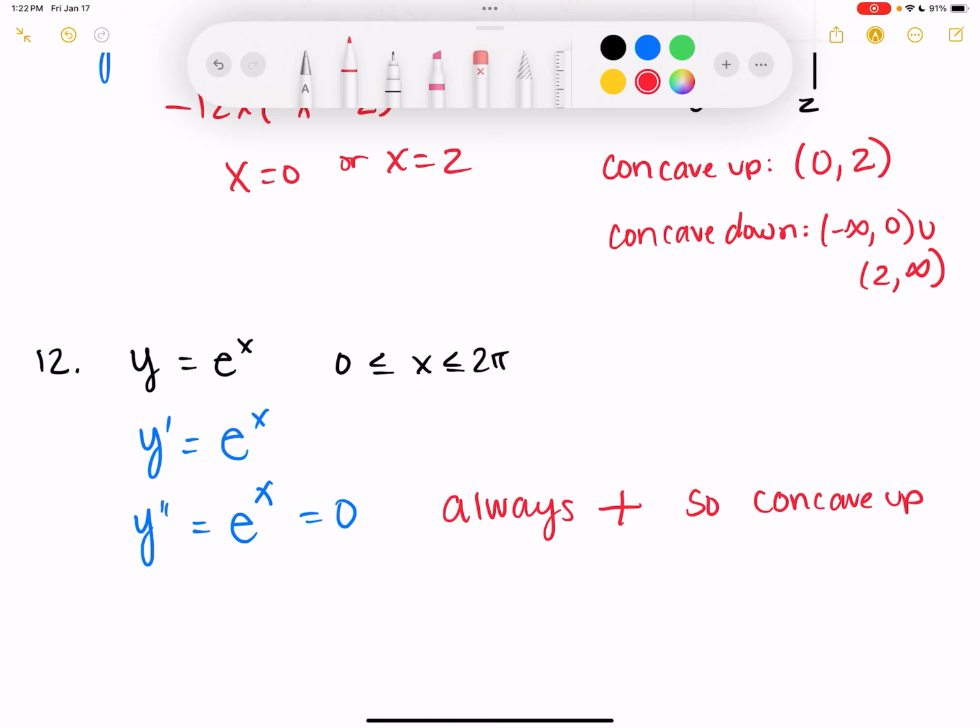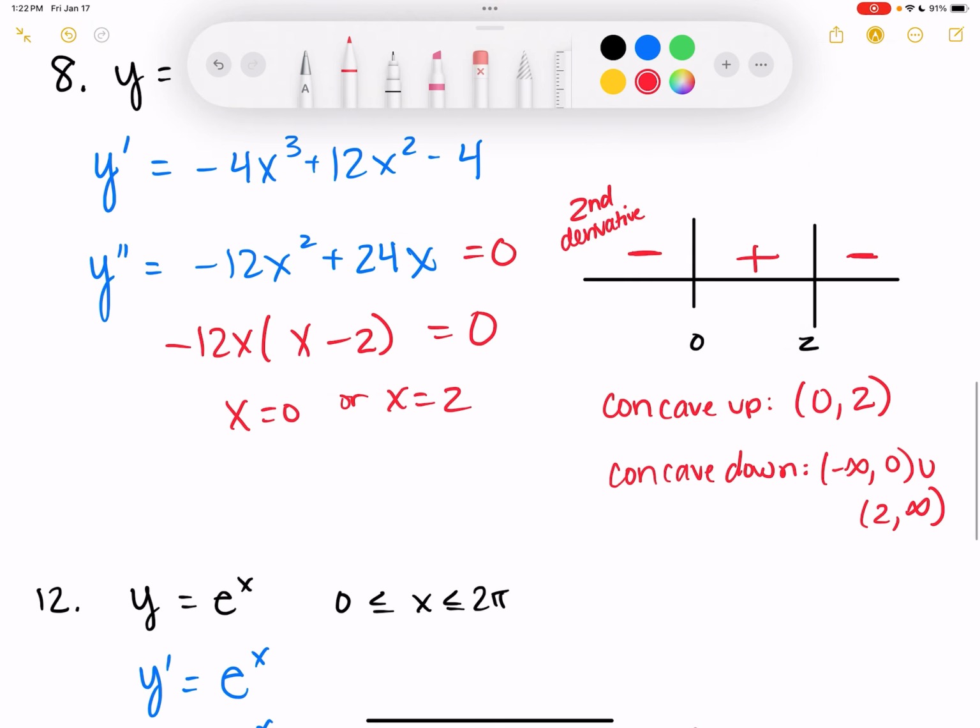And if it does, then the concavity is changing. So like this one would have had points of inflection because the concavity changes. And there would be a point of inflection here, but we have to take this number and plug it into the original to find where the point of inflection actually occurs. So, anyways, we'll be doing that.